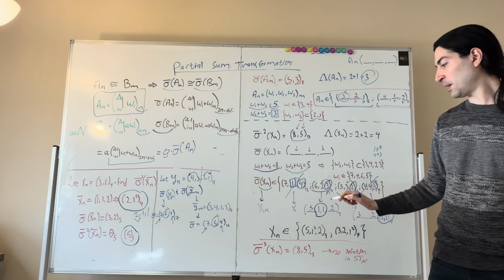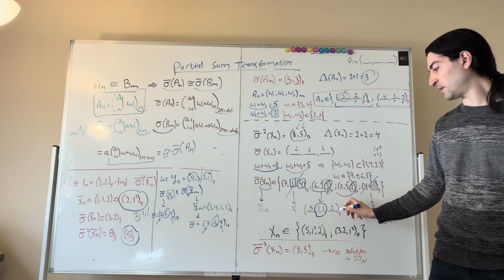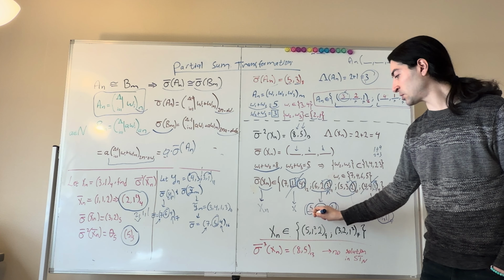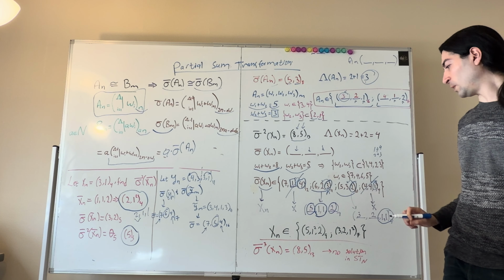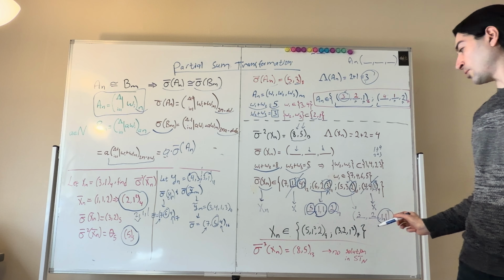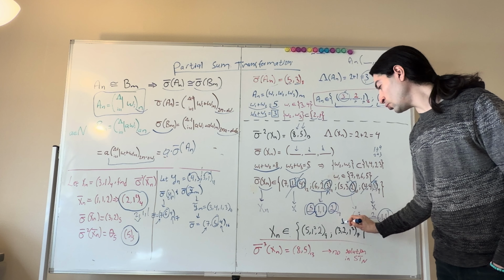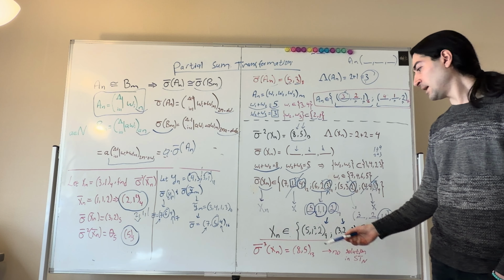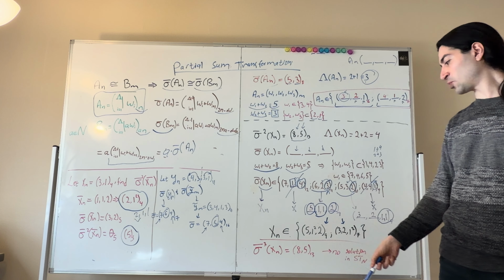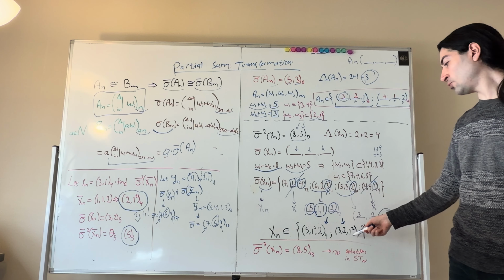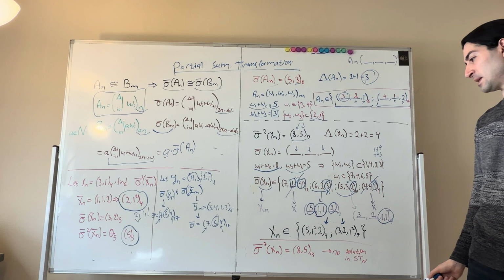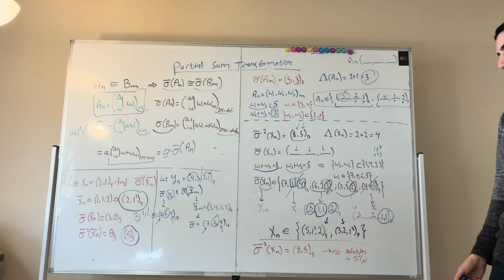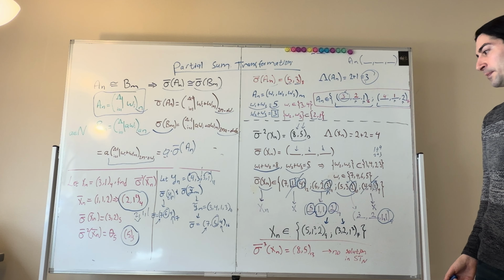We have a 3 here, so 1 plus something must give us a 3, we know it's a 2. And 1 plus something must give us a 6, we know it's a 5. And we do the same here. And therefore we end up with only 2 sectoral structures as solutions for xn: 5 1 squared 2 subscript 9 and 3 2 1 squared subscript 7. So these are the solutions for this equation.